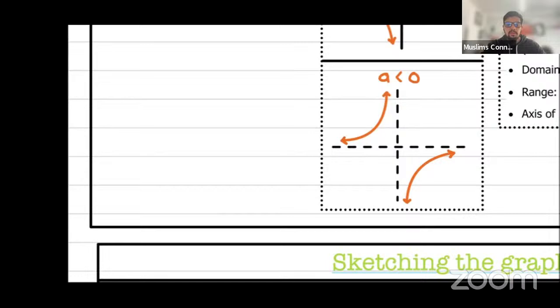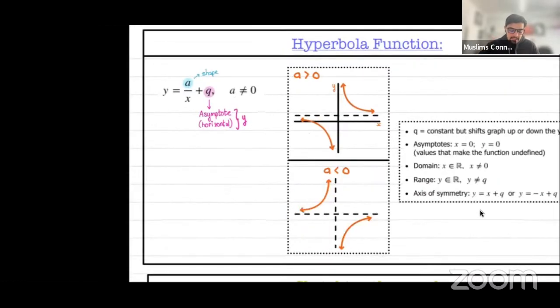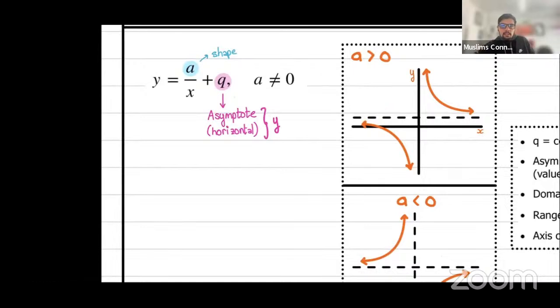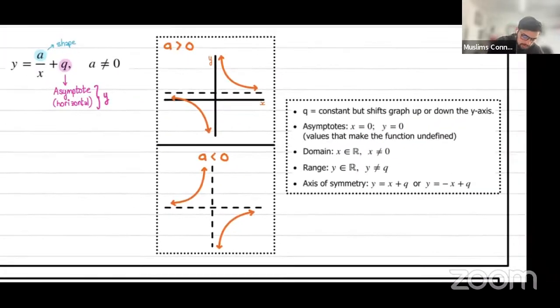Okay, hope that everything's fixed and that you can see my screen nicely. But yeah, essentially that is the case. We have A, which determines the shape. So we can actually see the example here. Let's do the same thing here.